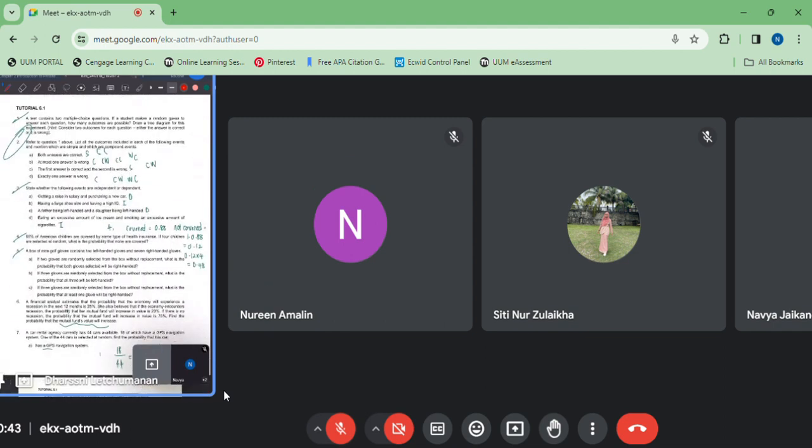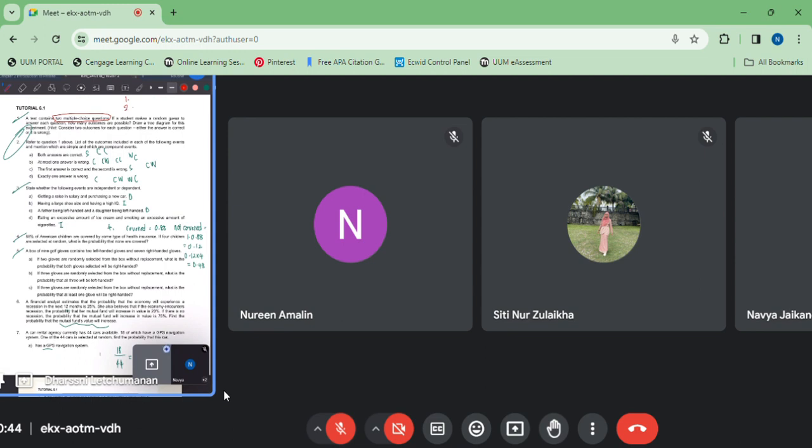Okay, we go to tutorial 6.1. A test contains two multiple choice questions. So from this question, when we read this, we know two multiple choice questions. So the soalan 1, soalan 2.